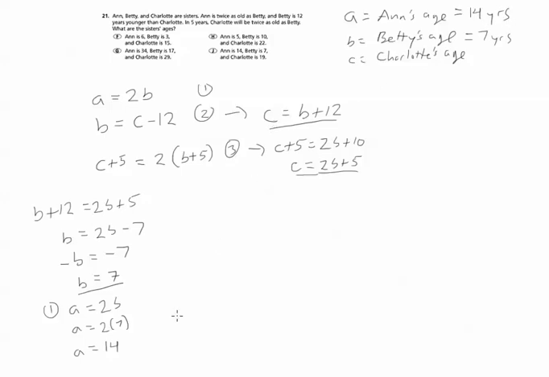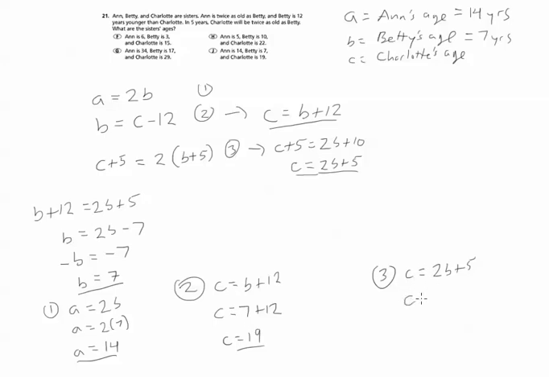And now we're going to look at Charlotte's age. We have equation 2 and 3. We can double check and make sure we did our math right. In equation 2, Charlotte's age equals B plus 12. In equation 3, Charlotte's age equals 2B plus 5. Well, here in equation 2, when I substitute 7 in for B, I get 7 plus 12, or C equals 19.